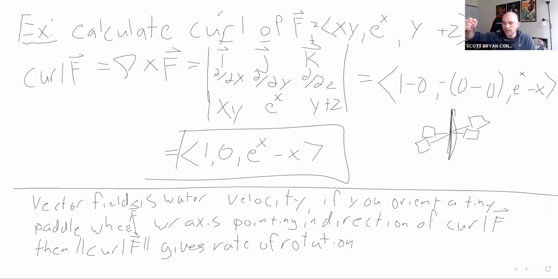If you orient your paddle wheel like this and the current tends to make it spin around, how fast it's spinning gives you the magnitude of curl of F. Usually not what we're thinking in our head with these problems, but that's the physical meaning of curl of F. In particular, if curl of F is a zero vector, the magnitude is zero, and so however you orient your paddle wheel at this point, it's not going to rotate.